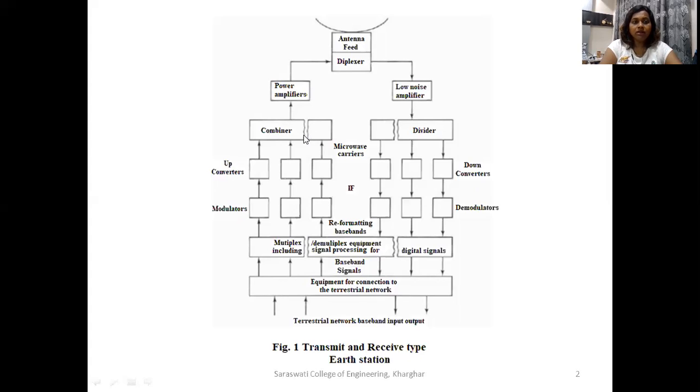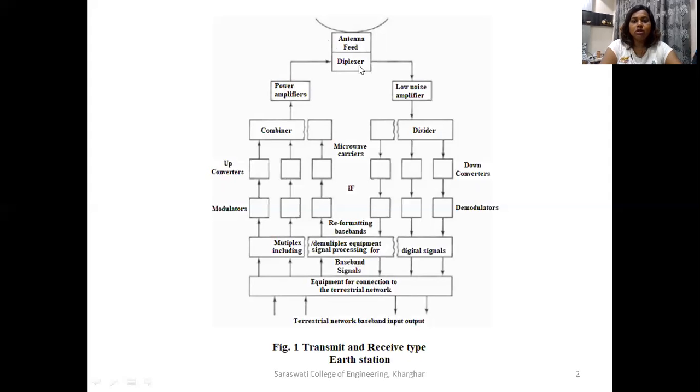After combining, the resulting signal is a wideband signal. This wideband signal is amplified using the power amplifiers. The wideband power is fed to an antenna through a diplexer.